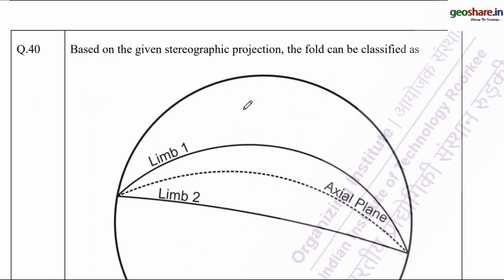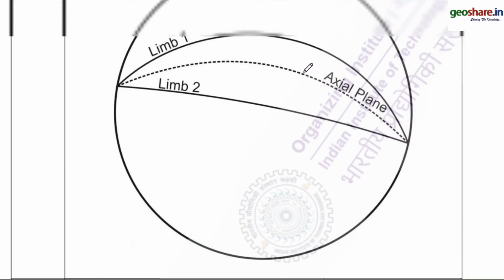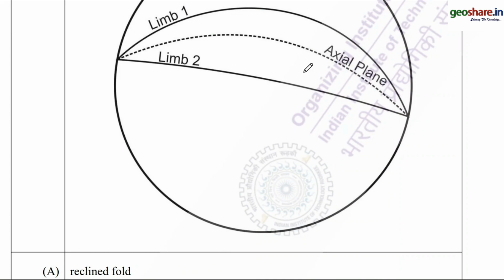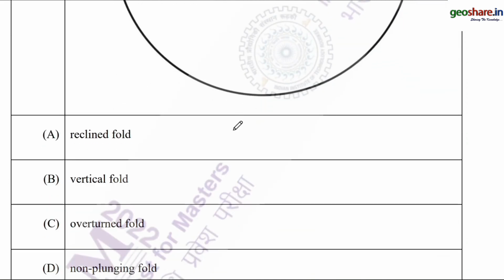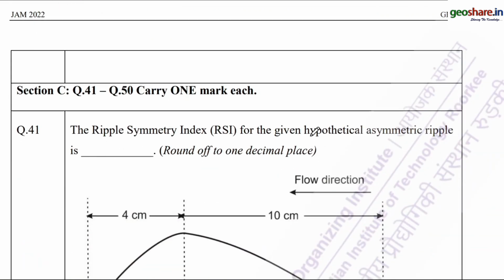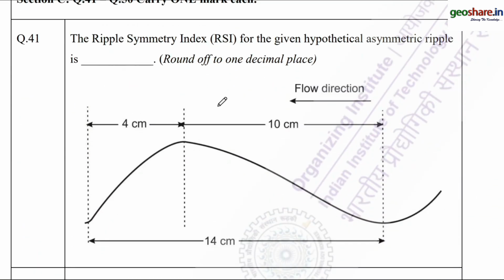Based on the given stereographic projection, the fold can be classified as a reclined fold, non-plunging fold. These are one mark each.